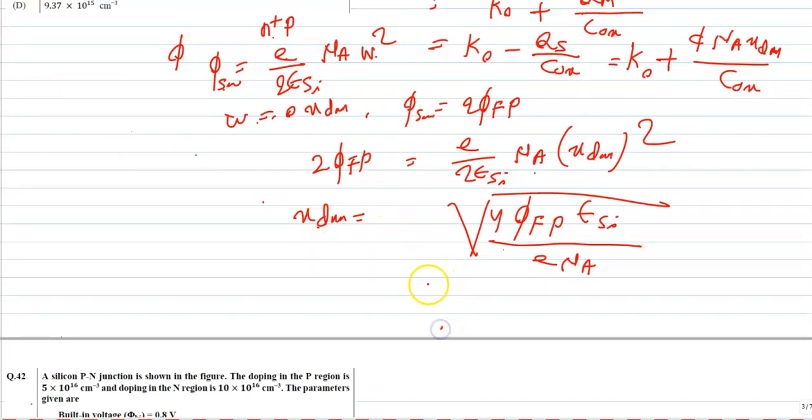So finally plug these values, so you can find the VTH.